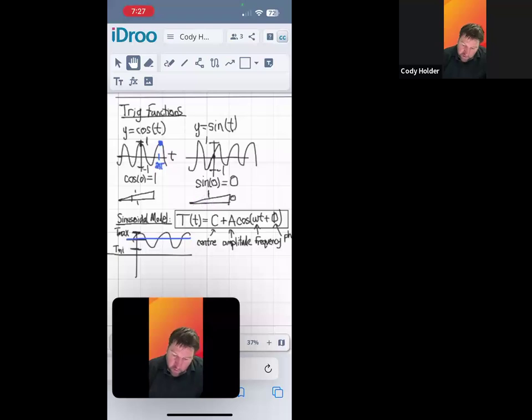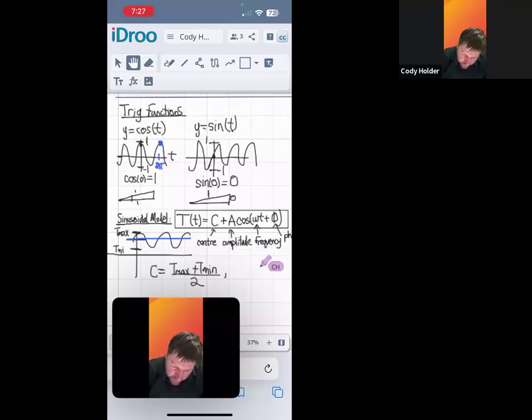There are concrete formulas that would work every time. Definitely you could use these for C and A because they're very intuitive. The formula for C, the center or the midpoint, is T max plus T min divided by 2. That gets you the midpoint of any two numbers, smack in the middle.